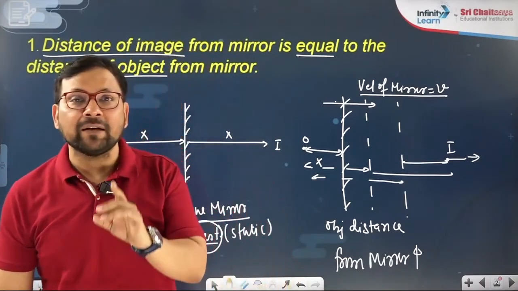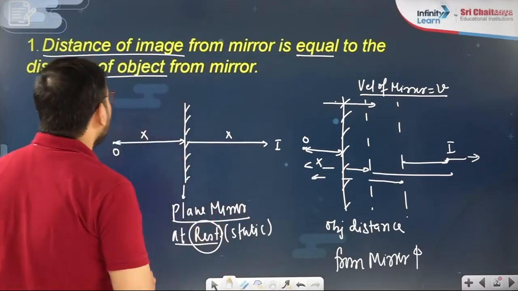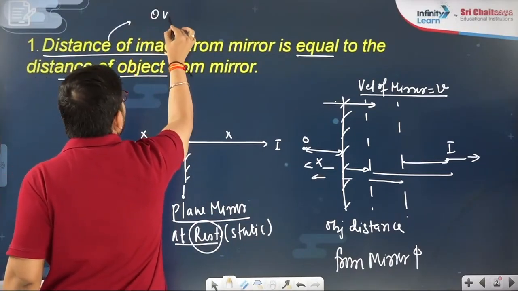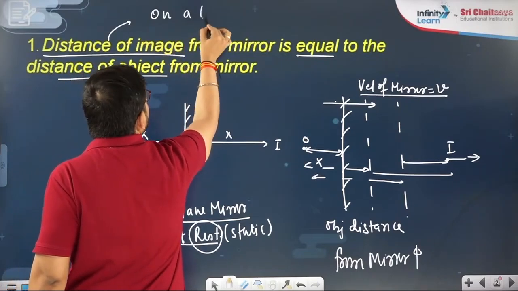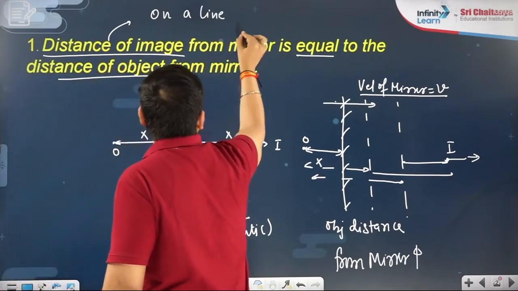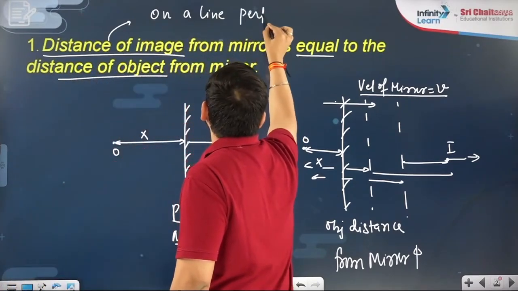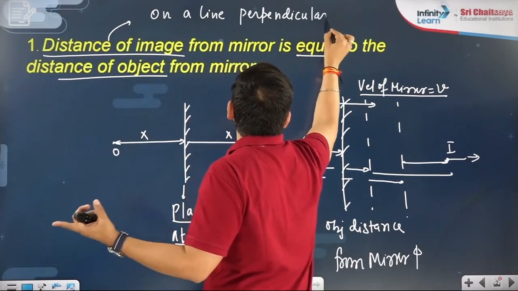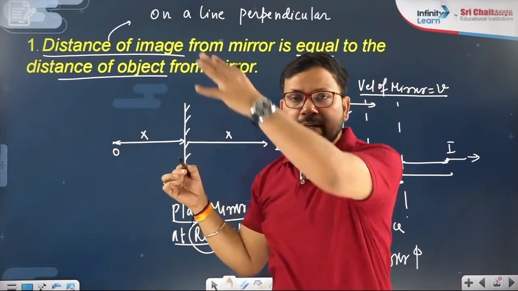But having said that, one thing you have to keep in mind: when I am talking about the distance of the image, that distance must be on a line perpendicular to the mirror. A line perpendicular is called the normal. We talk about the normal, the incident ray, and the reflected ray.